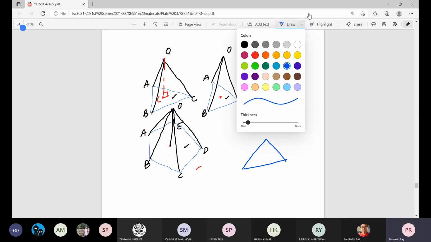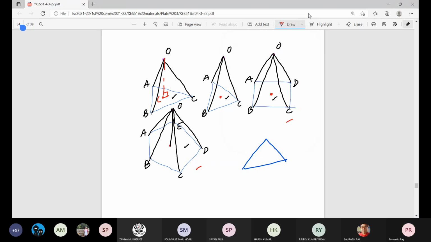The axis of the object is the line connecting C and O, but this is not perpendicular to the base.